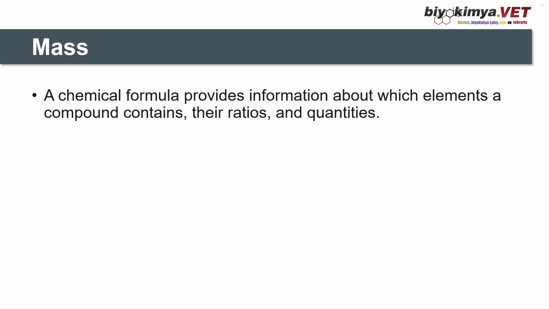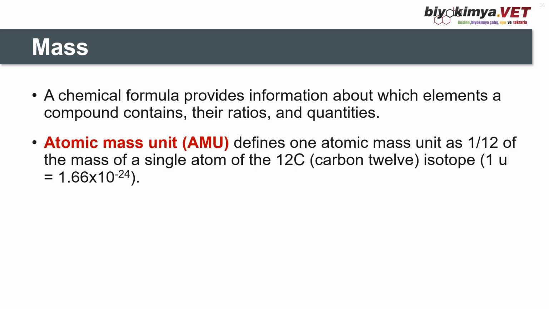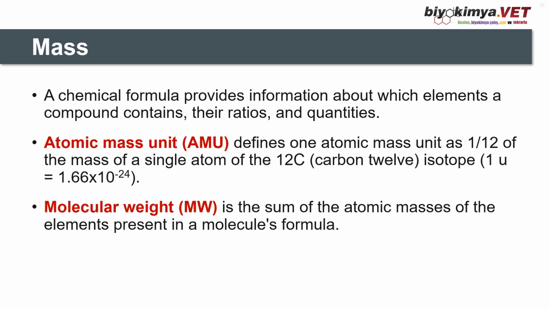Before discussing the molarity or the molar concentration and normality or equivalent concentration, we should discuss the mass. A chemical formula provides information about which elements the compound contains, their ratios, and quantities. And remember the atomic mass unit and the molecular weight from the previous topic.